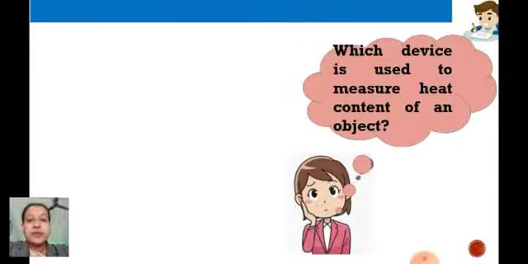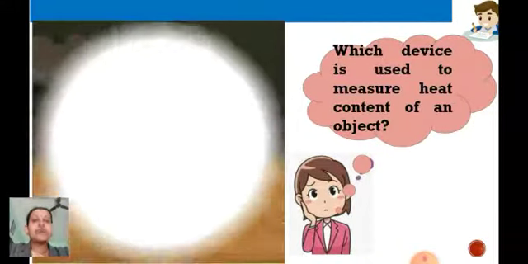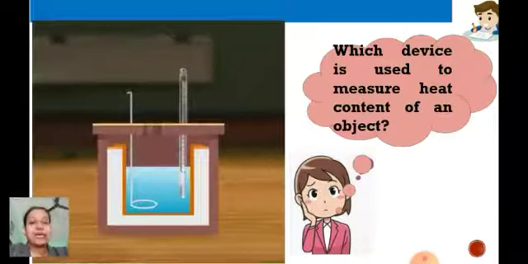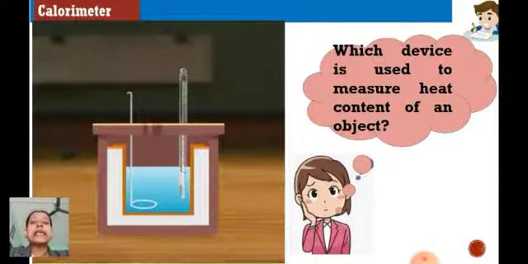For temperature we use a thermometer. Then how can we find out how much heat is required or given? For that we use another device called a calorimeter, which can find out the heat content of a substance. So now let's learn about this device.